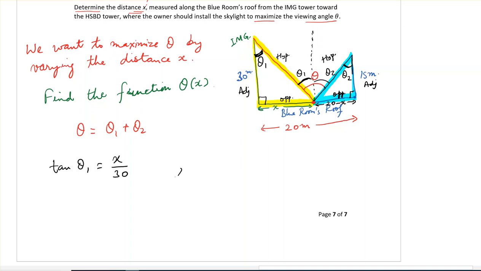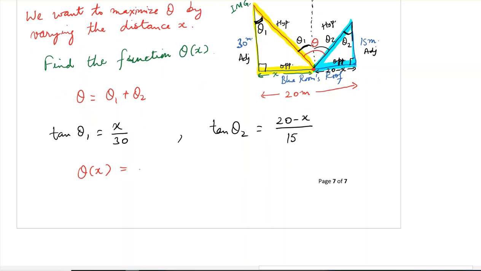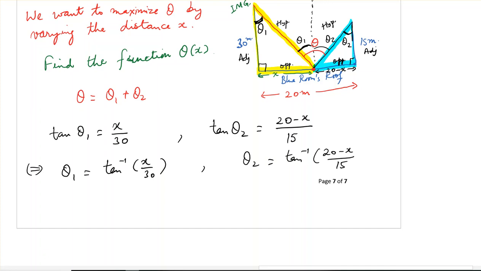And again, tangent theta 2 would be, right, so from here we got theta 1 is equal to tangent inverse x over 30. Similarly, we got theta 2 is equal to tangent inverse (20 minus x) over 15. So clearly we got theta 1 and theta 2 as a function of x.